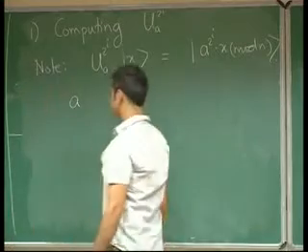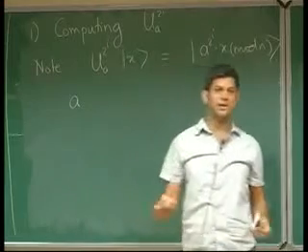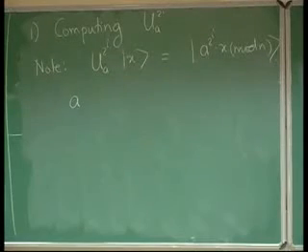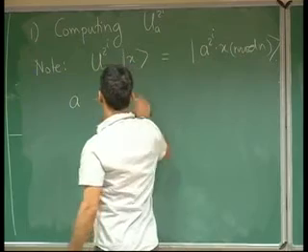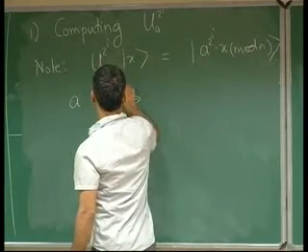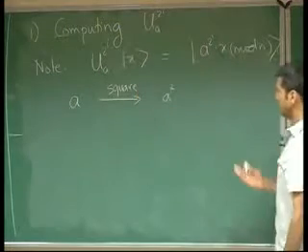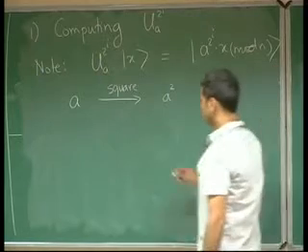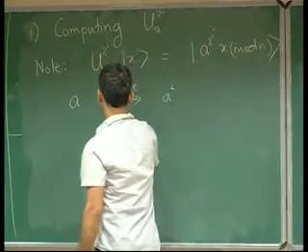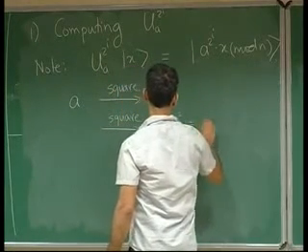Here's how you do it. You have a with you, that's the input. Whatever I'm describing is a classical algorithm, and there's a straightforward way of doing it on a quantum computer. You take a and you square it. You get a squared. Now instead of multiplying a to it to get a cubed, a to the 4th, a to the 5th, and so on, you simply square a squared again. You get a squared squared, which is a to the 4th.